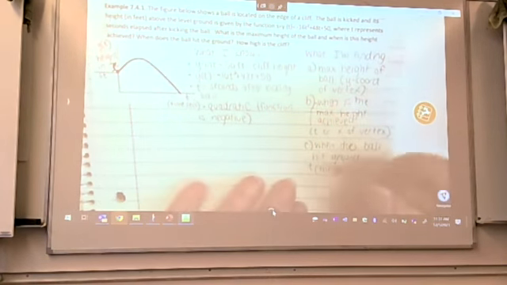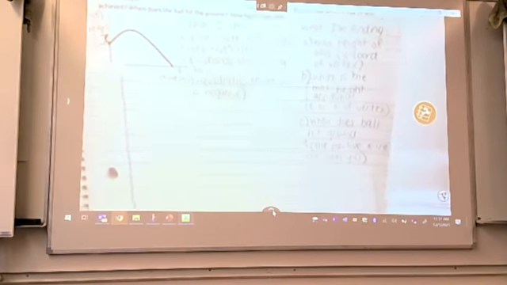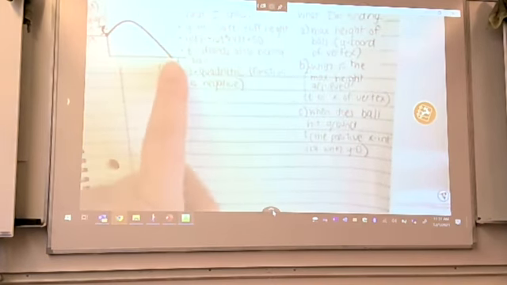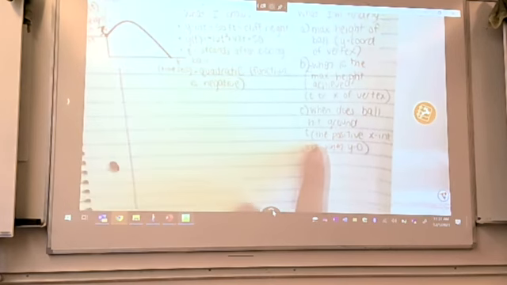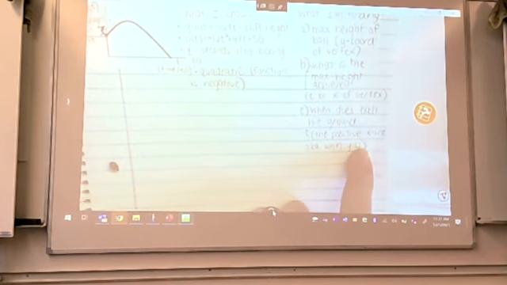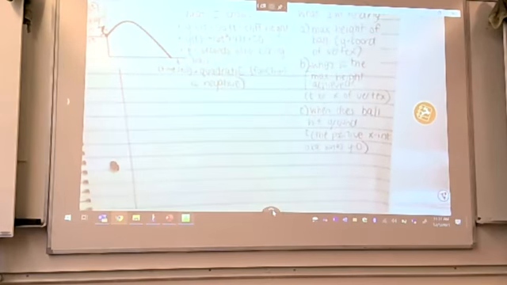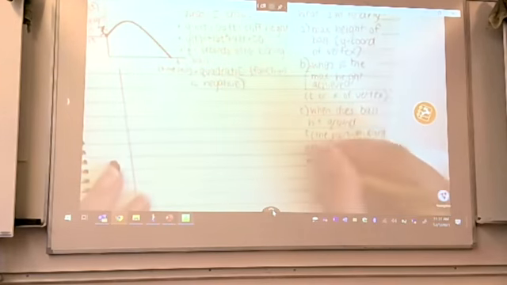Or I could also say, AKA, when y equals 0. Don't you guys agree looking at that? One thing I know about that y coordinate is that it's 0, right? I've got to find that. How do we find that? Yeah, you plug in 0 into the equation that was handed to you. Find x. How do you do that? Quadratic formula, right?